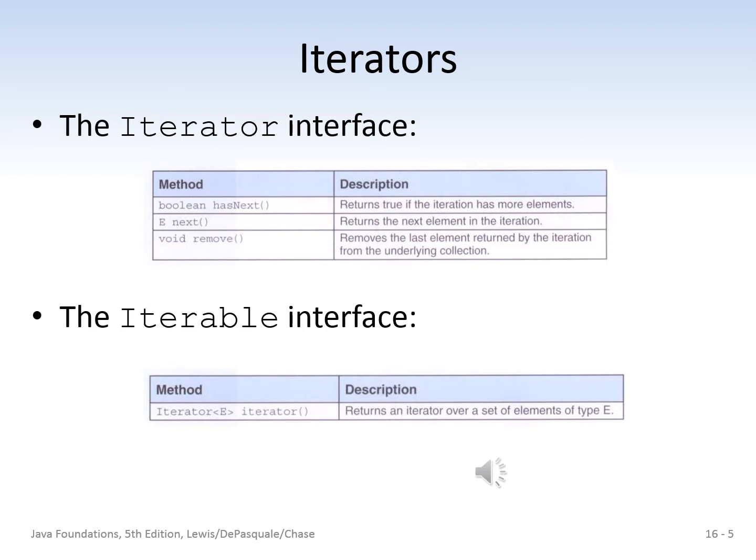So it returns true if it has a next element to process. And then we've got the method next, which returns the next element in the iteration. And we have remove. And we also have in the iterable interface a method that returns an iterator over a set of elements of type E. Getting clear, I hope.